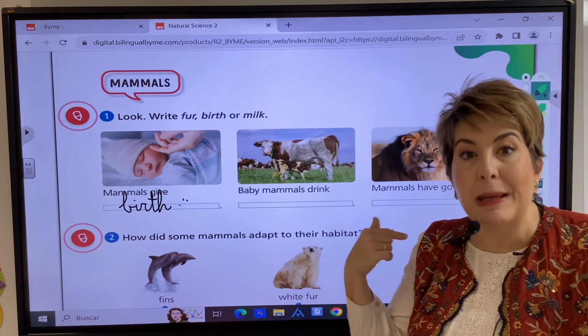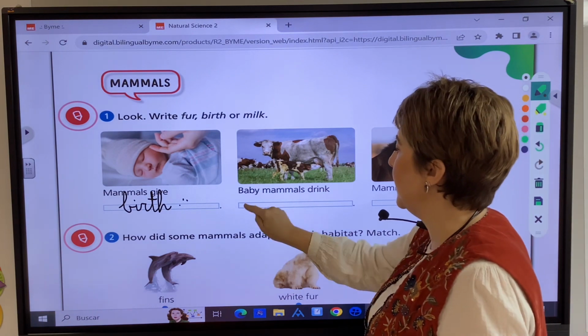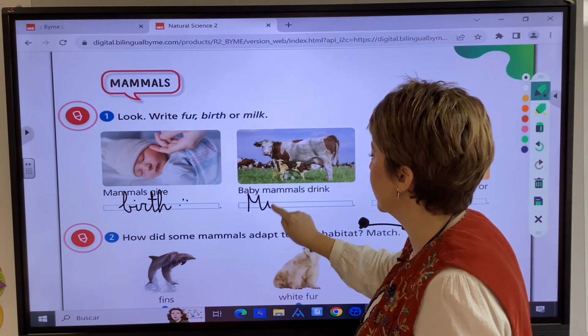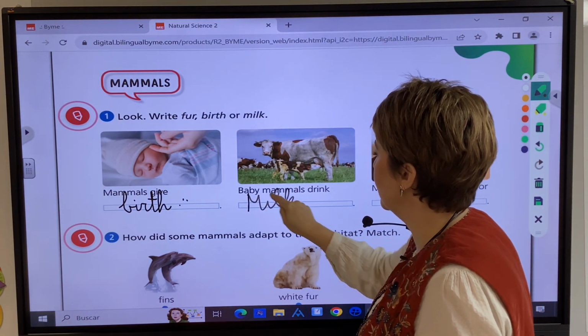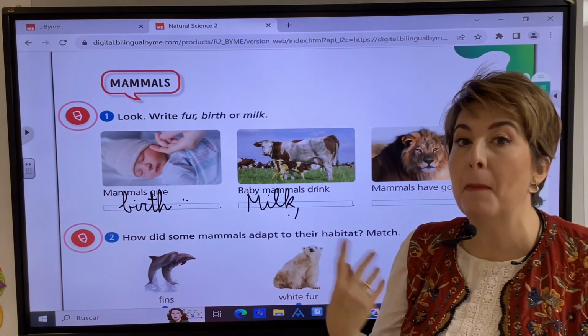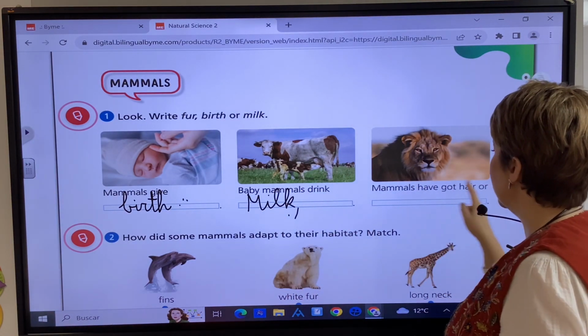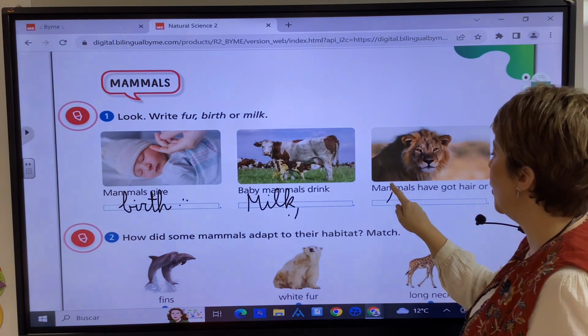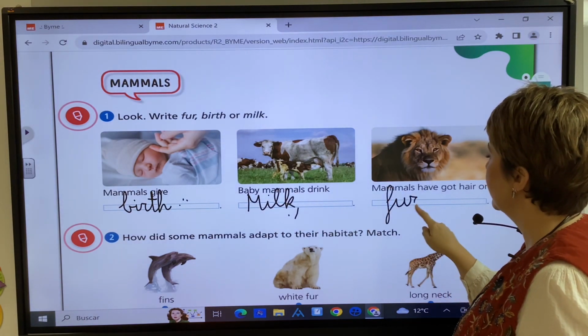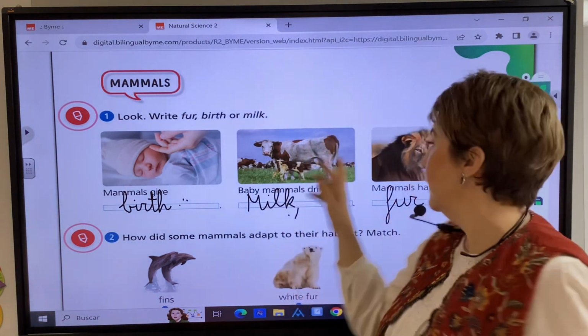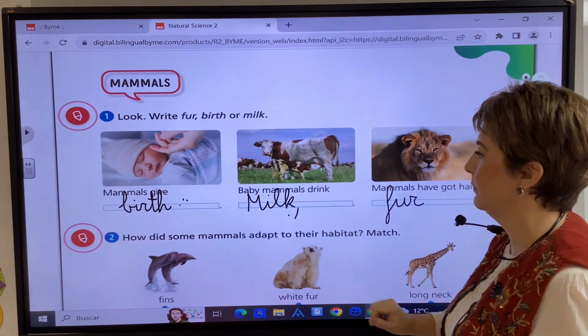They are born from the mother. Baby mammals drink milk. That's why they are called mammals, because they drink milk. Mammals have got hair or fur. This is hair and this is fur.